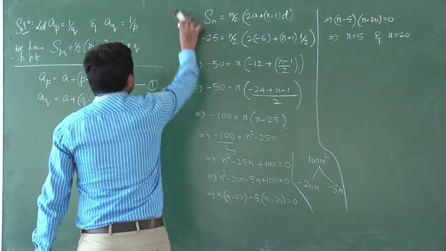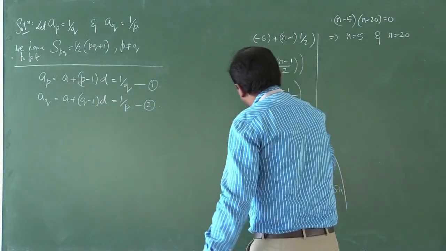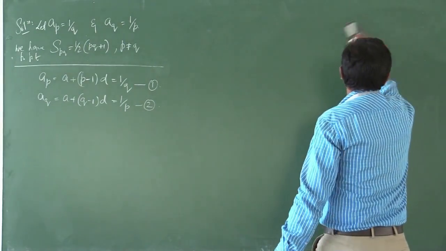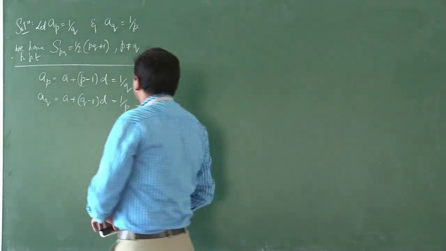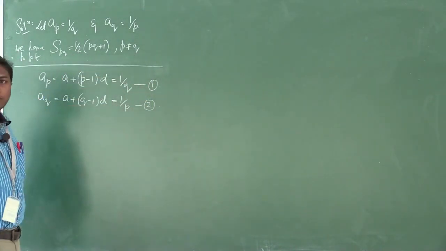We will try to solve equations 1 and 2 simultaneously and see if we can find out the values of a and d. Okay, we have got two equations, equation 1 and equation 2.